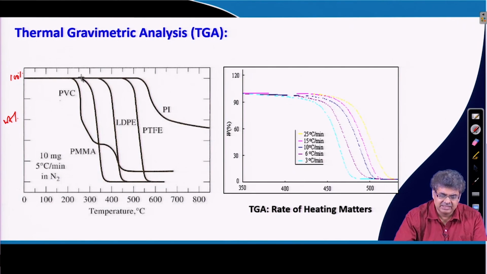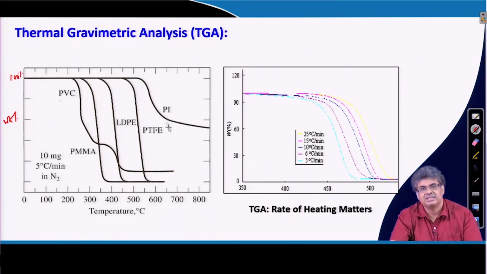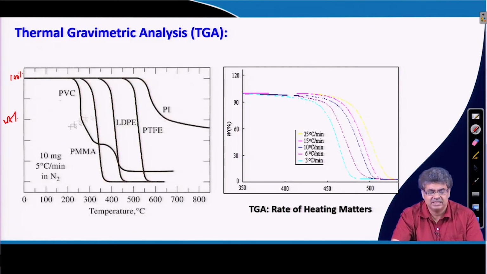The temperature where the loss starts we call the onset temperature, TD onset, and the temperature where 50% weight loss happens we call TD half or TD 50%. We can use this experiment to compare the thermal stability of different polymers. In this case PI is much more stable than PVC or PMMA.